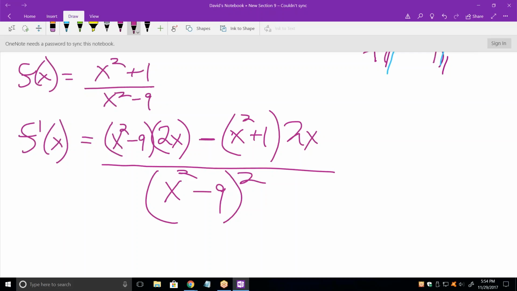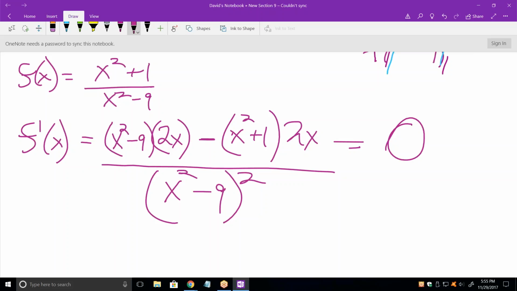Okay. Now, for that to be equal to 0, what has to be true? The top has to be 0. Yes. In other words, if you have a quotient that's equal to 0, the numerator has to be 0.